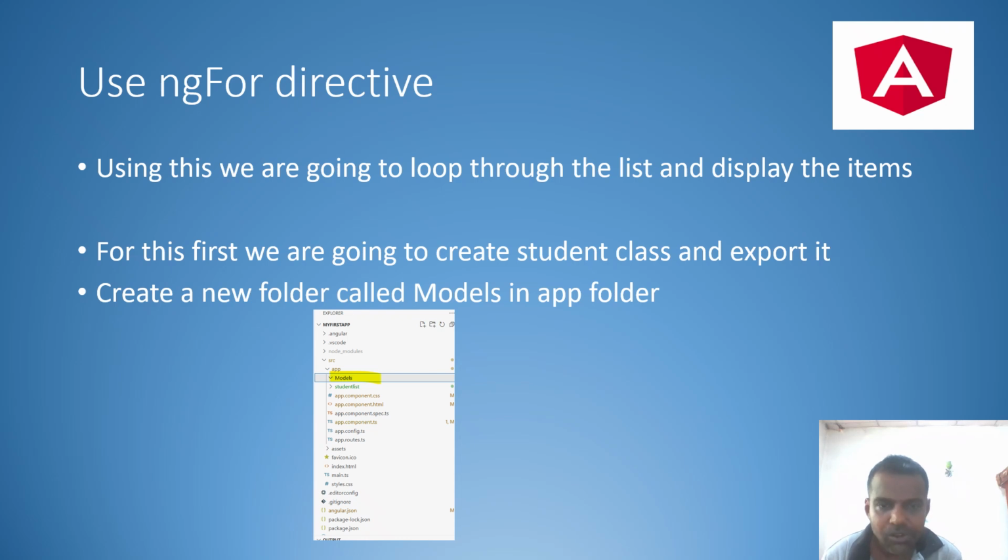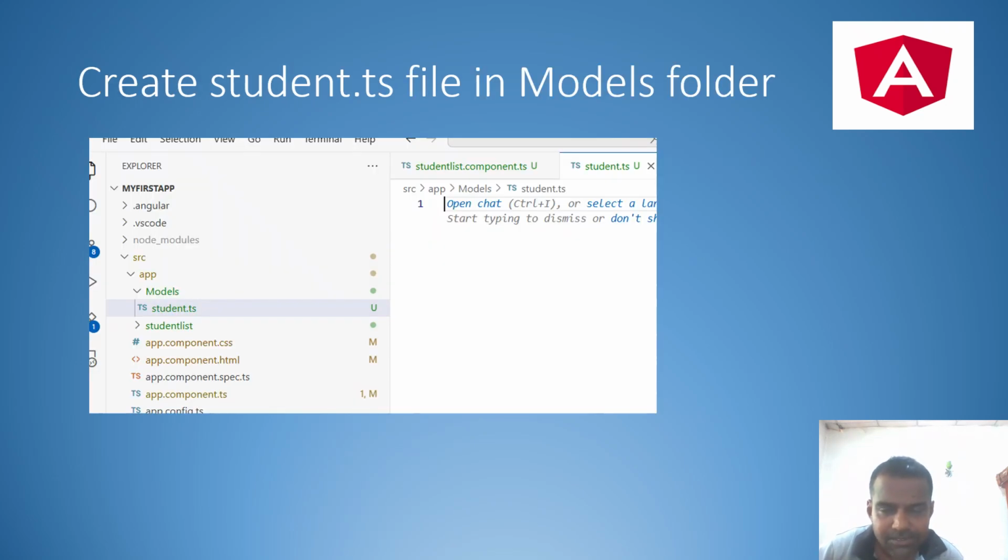For that we are going to create a folder called models, and in that we create a new TS file called student. You can see here the student TS file is there in the app module folder.